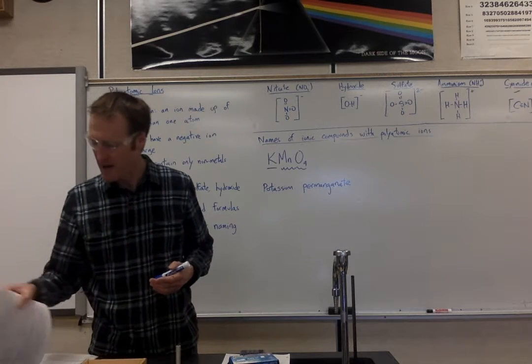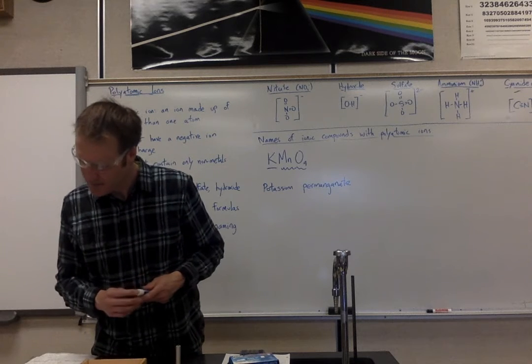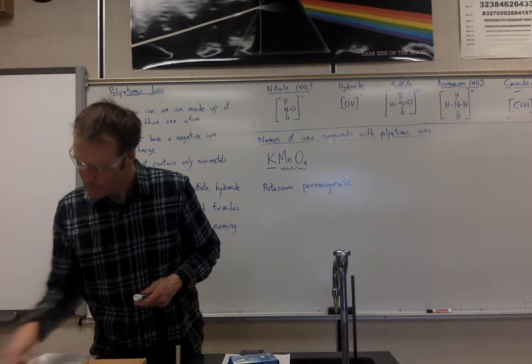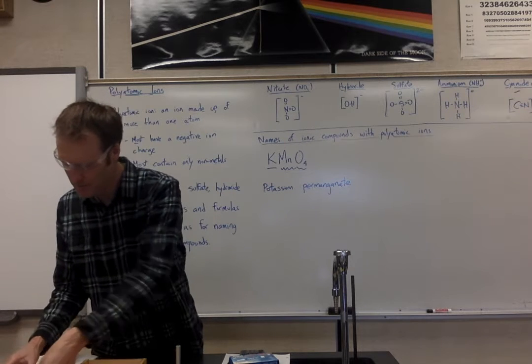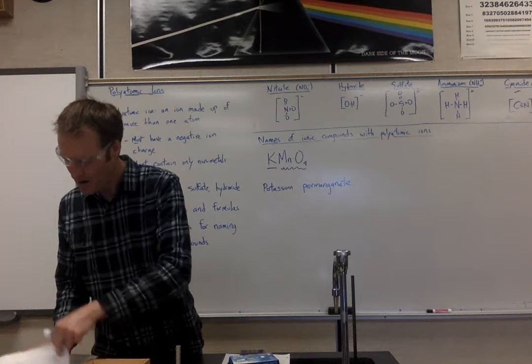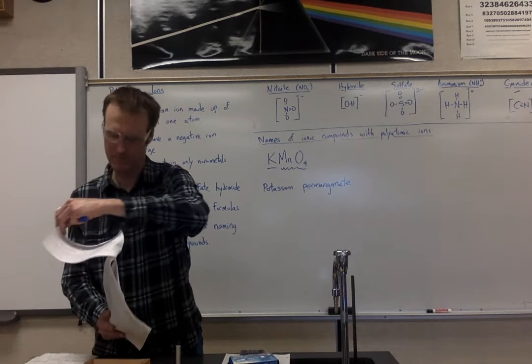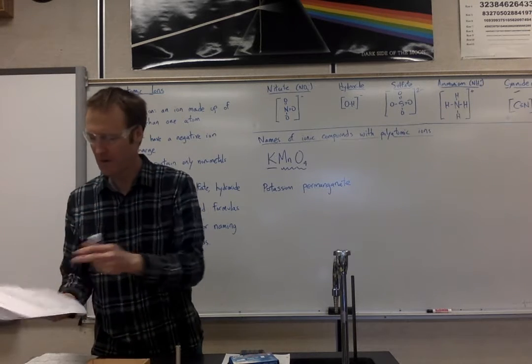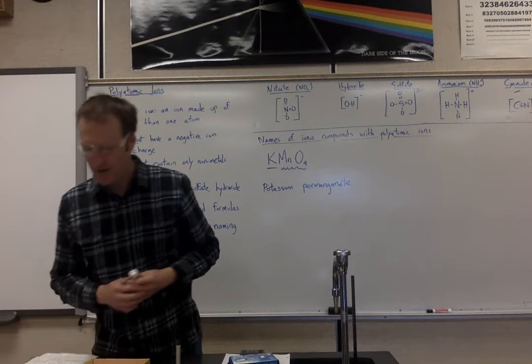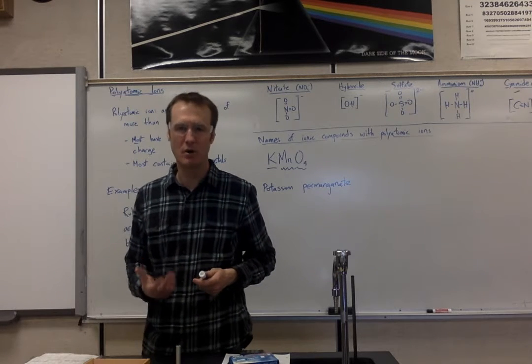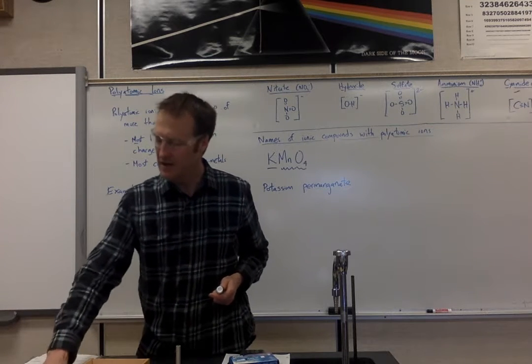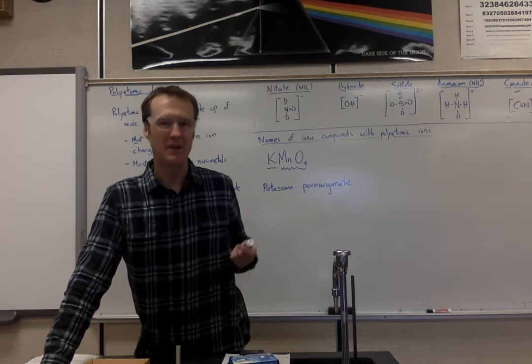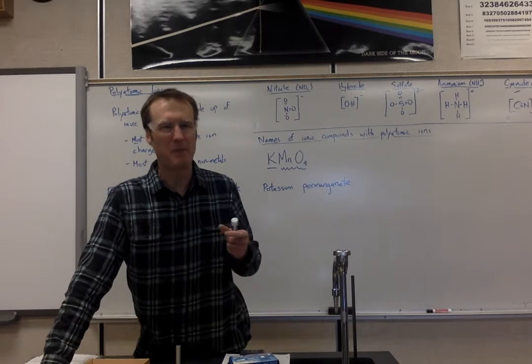What I'm going to go through next are some of these examples right here for making the formula. Okay. So on the second example, now you've got to work backwards. You're being given the name, and now we need a formula. And that's a bit harder.